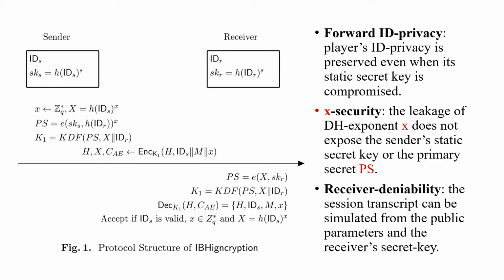It enjoys X security, that is, the leakage of the exponent x does not expose the sender's static secret key or the primary secret PS. It also enjoys receiver deniability in the sense that the session transcript can be simulated from the public parameters and the secret key of only the receiver.